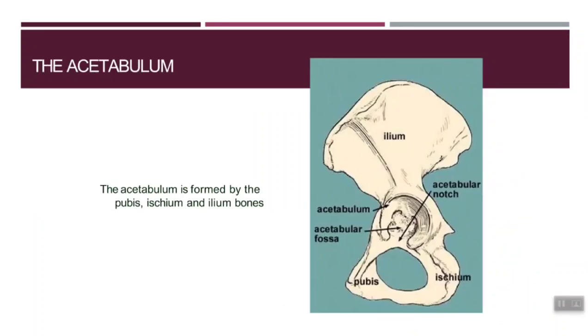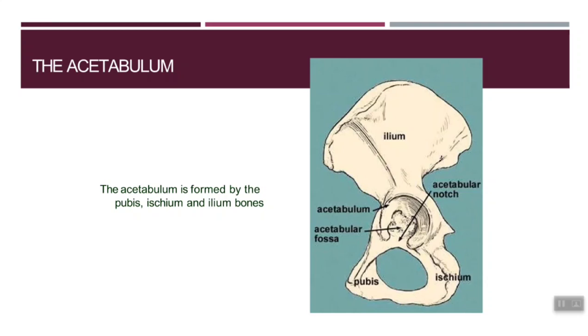And finally, I want to talk about the acetabulum. The acetabulum is a deep cavity where the head of the femur joins with the hip bone and makes the hip joint. The acetabulum is divided into two parts.